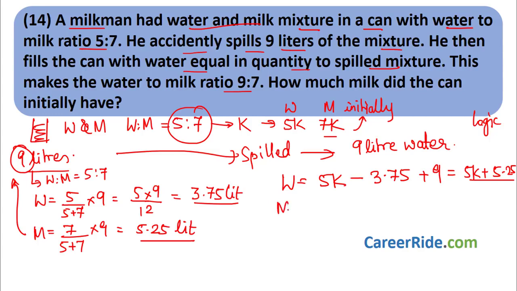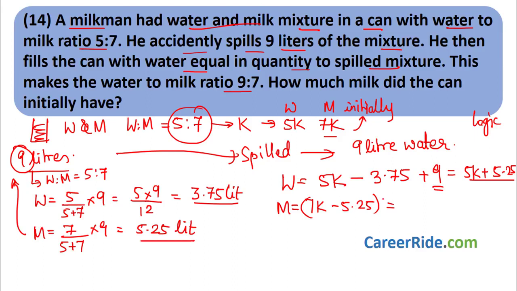Now how much is the amount of milk in the can? Initially the amount of milk was 7K. Then 9 liters of mixture got spilled, so 5.25 liters of milk gets removed. No milk is added later on, only water is added. So we have 7K minus 5.25 liters of milk.